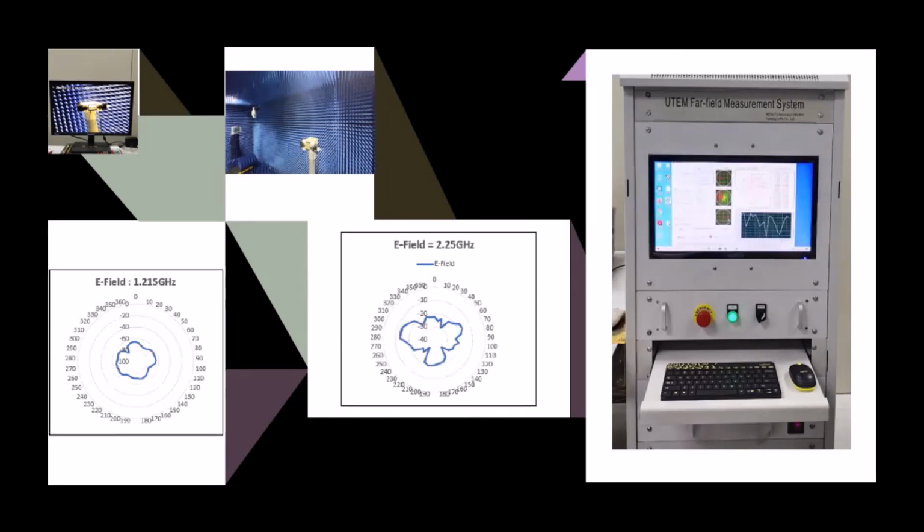When it moves around 0 to 360 degrees, it has its own signal. The signal and data from the far field measurement system are plotted in Excel, which gives us the E field. So for 1.215 gigahertz, the signal is from negative 60 to negative 70. And for 2.25 gigahertz, the signal is from negative 13 up to 30.